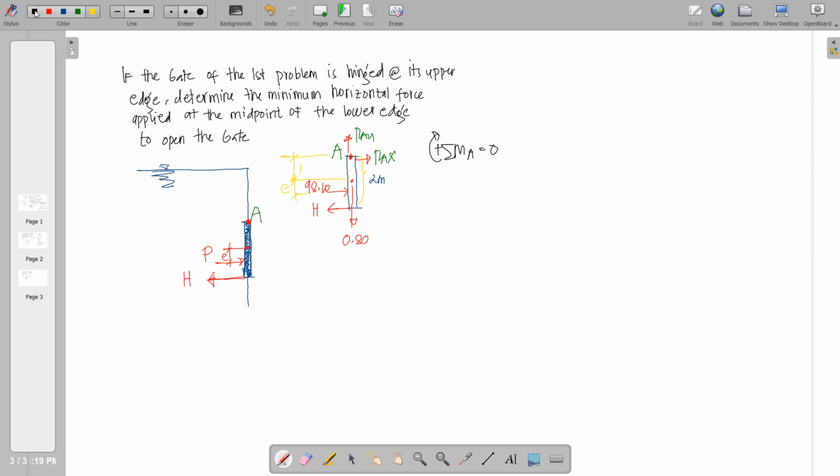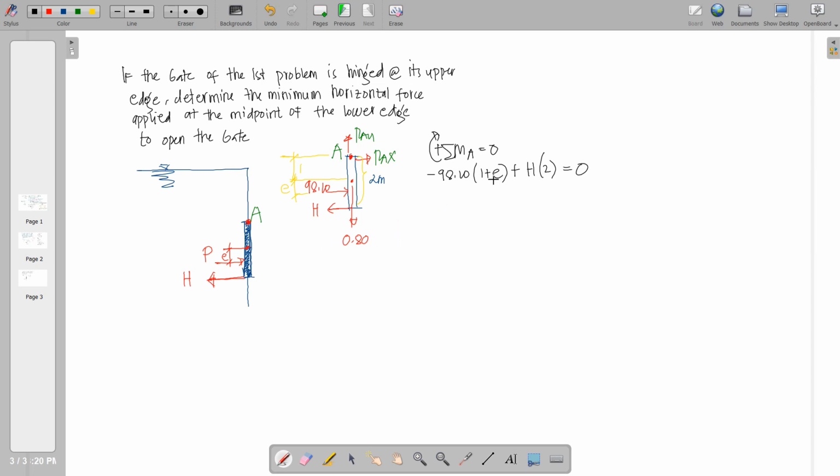So therefore, we can now perform this equation. Taking moments at A, we have 98.1, that is counterclockwise, so negative 98.1 times (1 plus e), plus the required horizontal force times 2 meters is equal to 0.